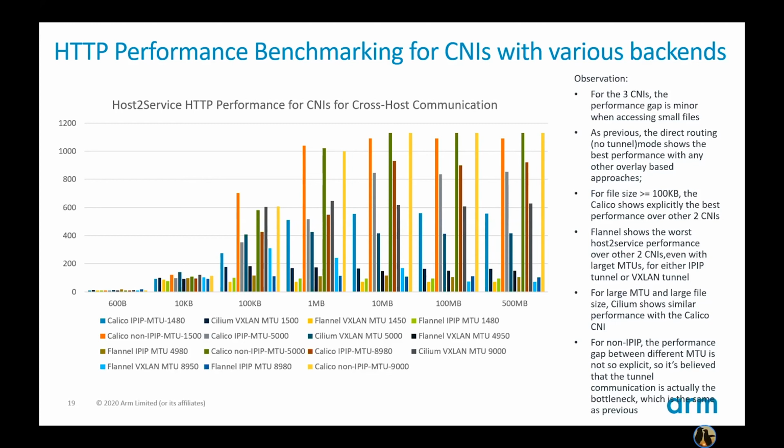For file size greater than 100 kilobytes, Calico shows explicitly the best performance over the other two CNIs, and Flannel shows the worst host-to-service performance. And for large MTU and large file size, Cilium shows similar performance with the Calico CNI. For non-IPIP cases, the performance gap between different MTUs is not so explicit. So it's believed that the tunnel communication is actually the bottleneck, which is the same as previous.